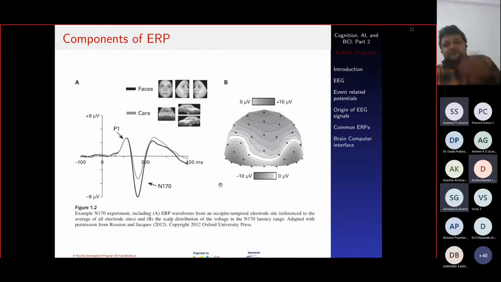But anyway, you see some other reliable signals appearing when a person distinguishes between faces versus scarves. There is a negative signal that comes around 170 milliseconds very reliably if you see faces, as opposed to seeing any other object. These are the things that allow us to decide what kind of paradigm and what kind of controller screen you're going to design for the BCI.